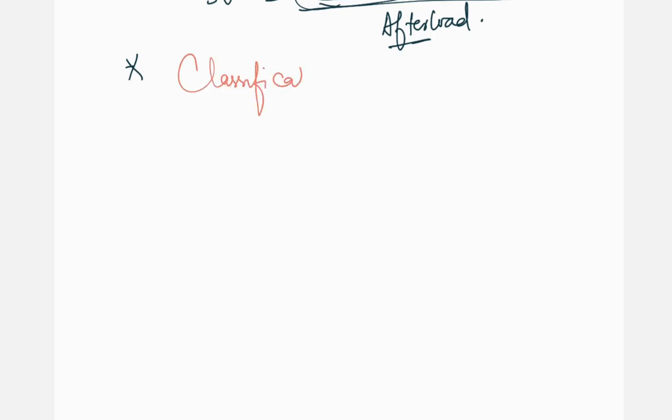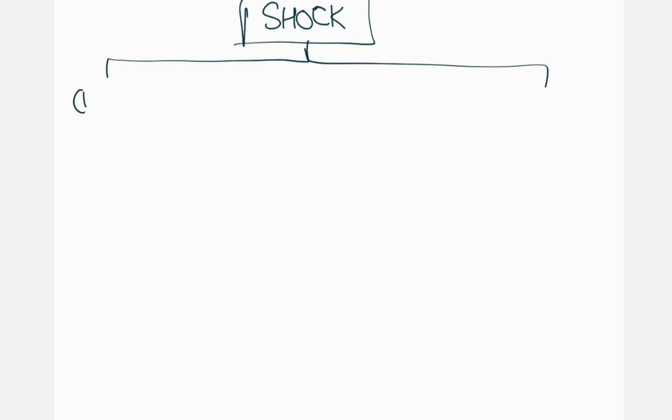So let us move on to the classification of shock. How is shock classified into different types? Shock is basically divided into four types. The first one is hypovolemic shock.